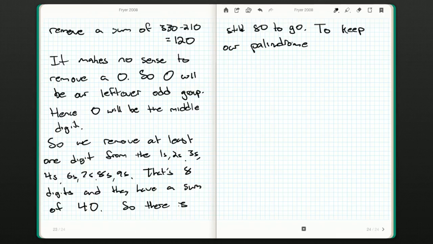So to keep our palindrome going, we have to remove pairs of the same digit. We can't take out 1, 9, because then we have 2 odd groups. So we need to keep our even groups even. So we're going to be removing pairs of digits.